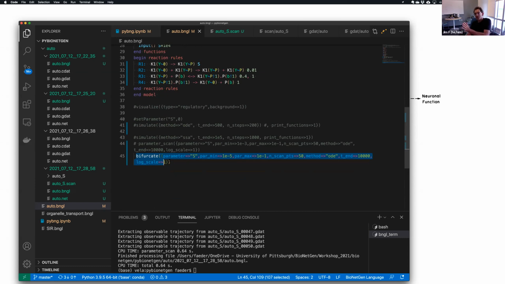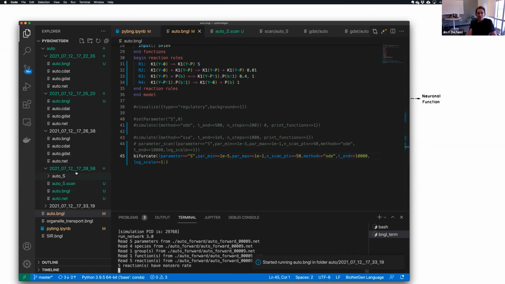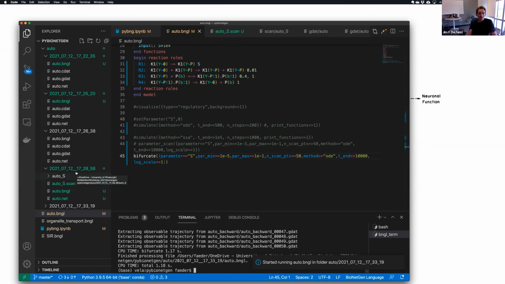So it very much accelerates finding the steady state values. This is a nice way to look for a system that's bistable. We picked 50 scan points, so it generates a whole bunch of output files.